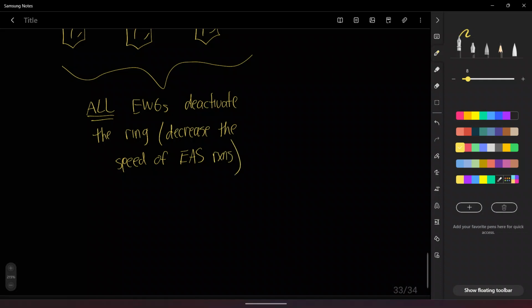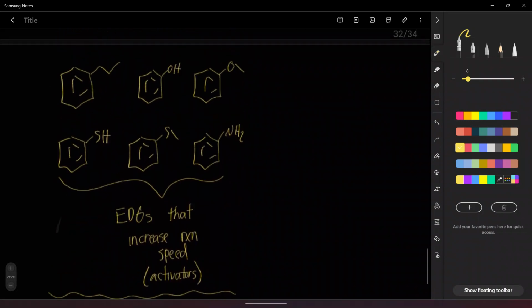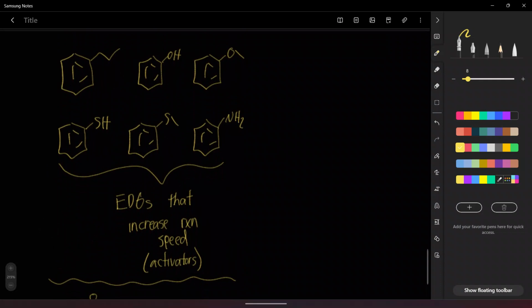Okay, now you may have noticed that I sort of conspicuously left out one very important electron donating group. So halogens, so things like chlorine, bromine, or iodine, even though this thing can donate electrons via resonance, it is actually a deactivator.